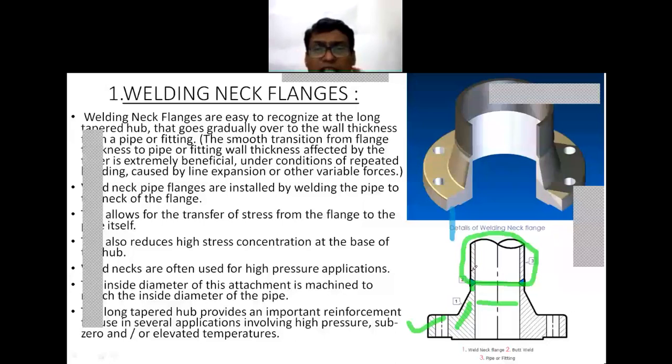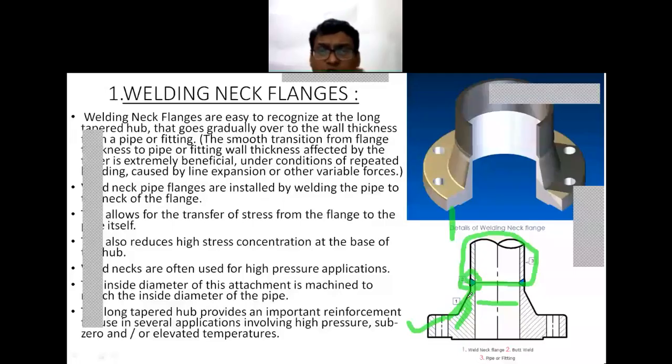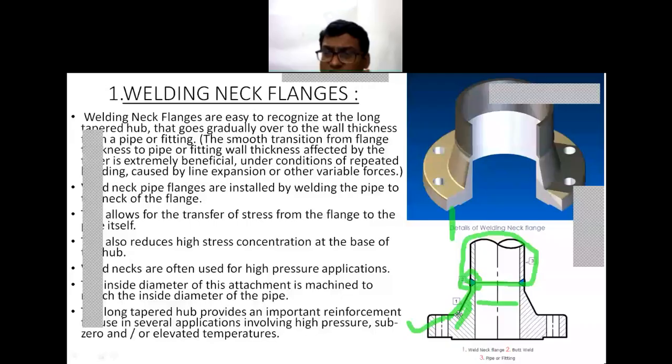The long tapered hub is provided. This is the tapered hub. The reduction in the cross sectional area goes gradually over to the wall thickness of the pipe fitting. The smooth transition from the flange thickness to the pipe or fitting, that is, the flange thickness is of this dimension, and there is a reduction so that the pipe can be very easily and conveniently fitted.